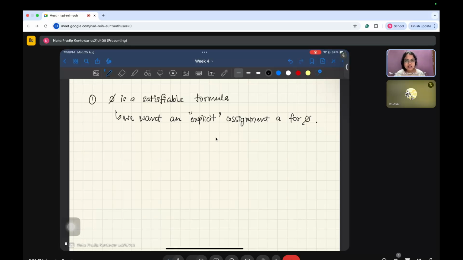Here we'll use one very nice property of the satisfiability problem, which is called self-reducibility. In fact, most NP-complete languages, or at least all the NP-complete languages that we know, satisfy this property of self-reducibility. What does that mean? The idea is that if I want to solve a big problem, I can use solutions to smaller problems to construct the solution to the bigger problem.